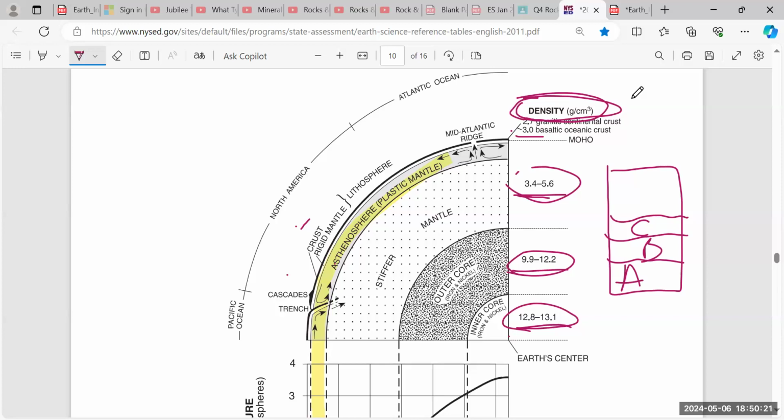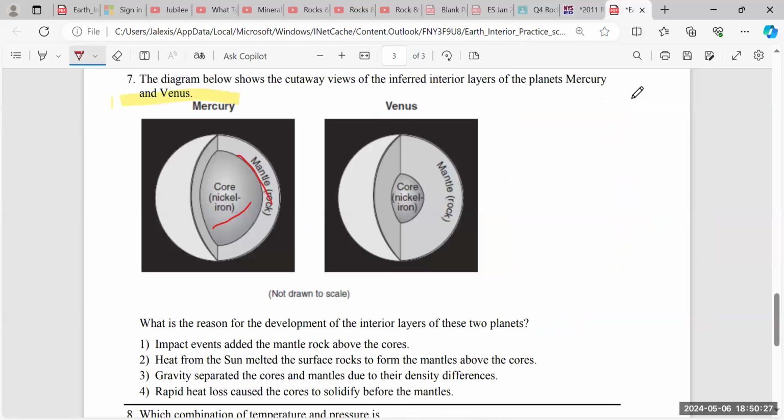And we know that gravity wants to pull everything to the center, right? And so by coming to the conclusion of these two realizations, we can conclude that my correct answer is going to be choice 3, because we know the reason why we have the development of those interior layers for these two planets, right?